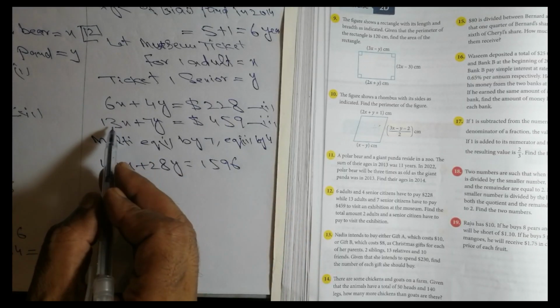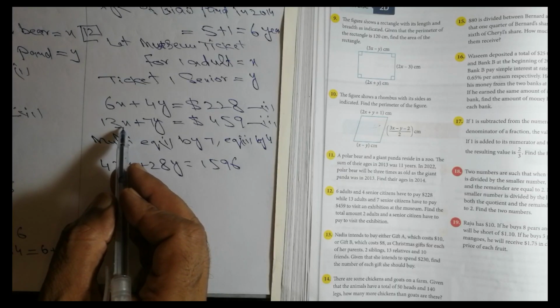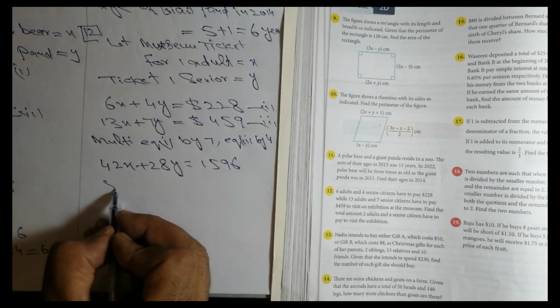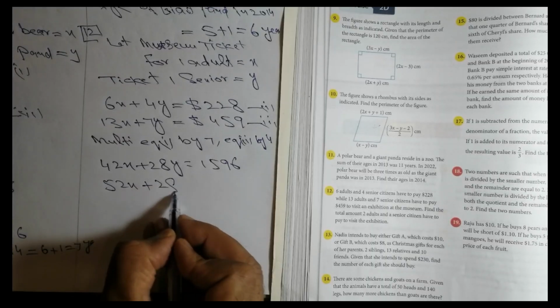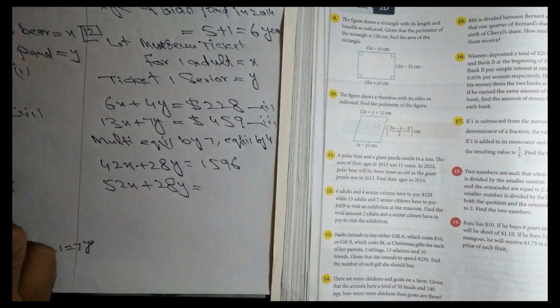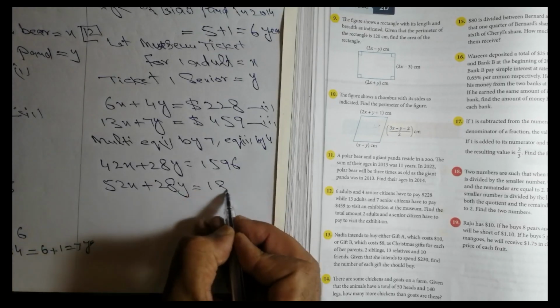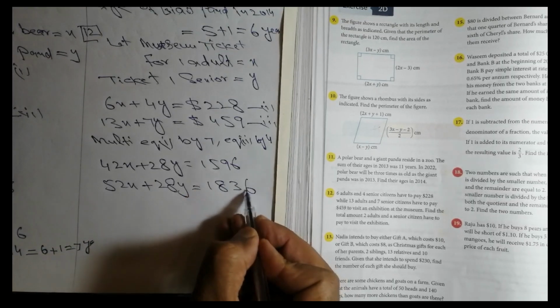Now multiply equation 2 by 4: 52x plus 28y equals 459 multiplied by 4, 1836.